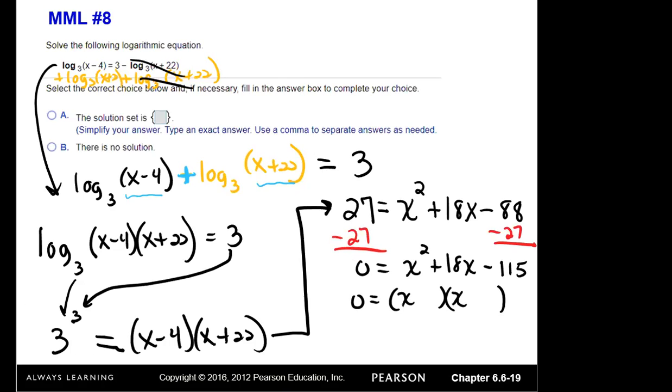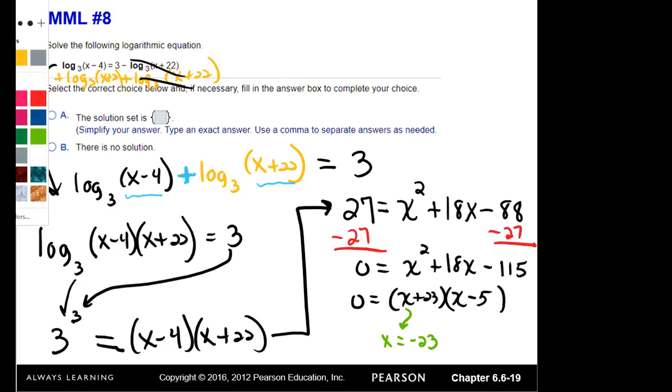The 2 factors are a positive 23 times a negative 5, and that would add up to the positive 18. And now my 2 possible answers are this one here, x is negative 23, and this one here is x is 5.